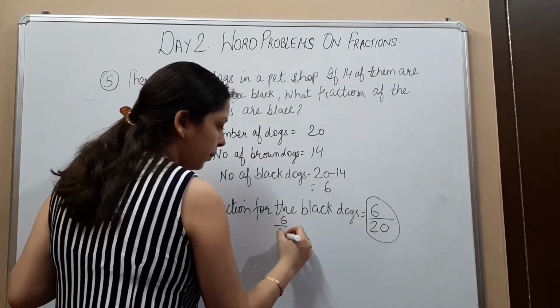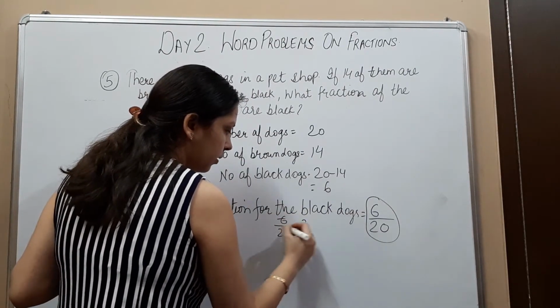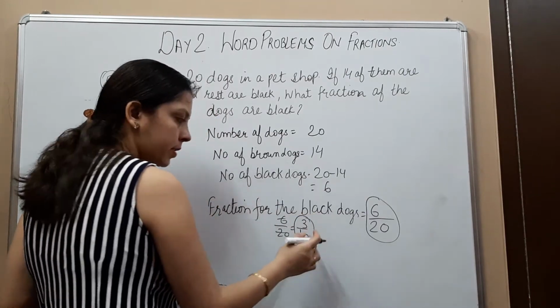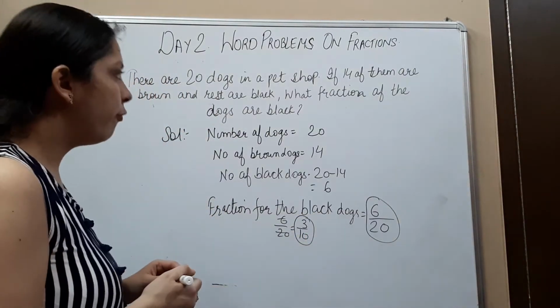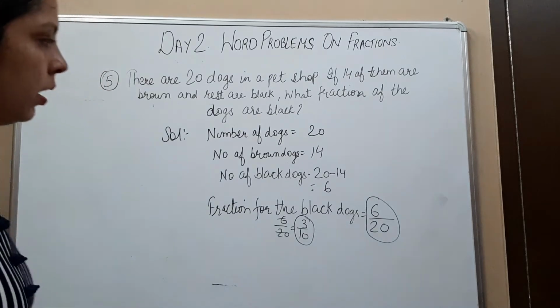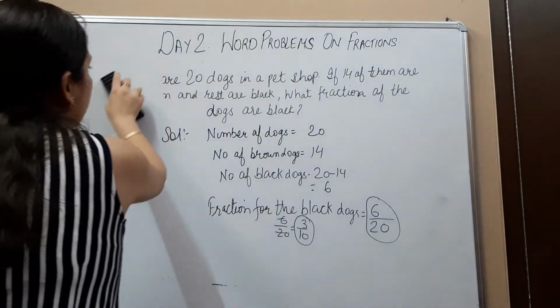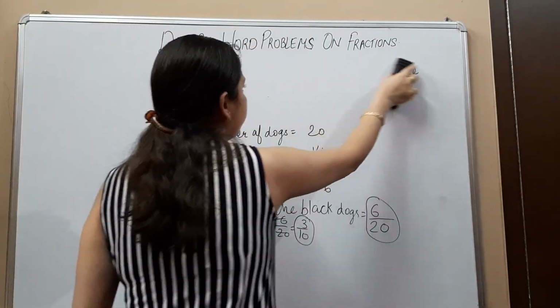You can even simplify it. 2 times 3 is 6 and 2 times 10 is 20. So 3 by 10 is the actual fraction of black dogs. I hope you get this question. Let's move to the next question.